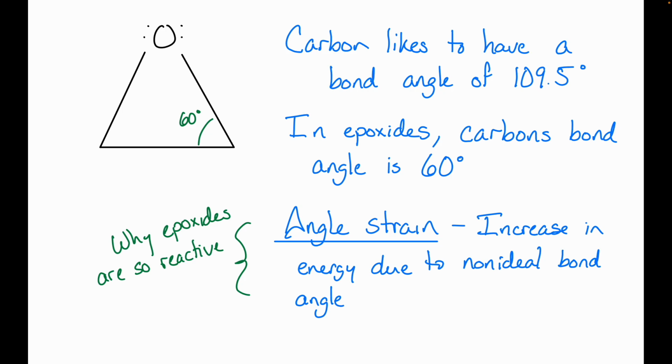Right? We made this ether, which is normally a very boring functional group, a way higher energy molecule because we took these carbon atoms and we bent them in such a way that they don't want to be bent. Right? So this little triangle right here is really mad. And what we're going to see in all of our reactions of epoxides, this little triangle pops open. All right? These are what are called ring opening reactions.